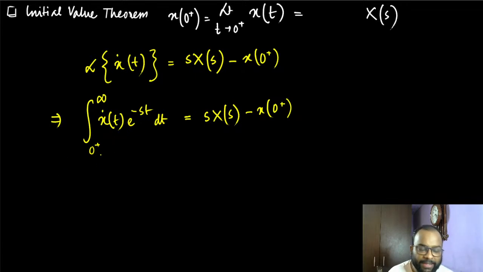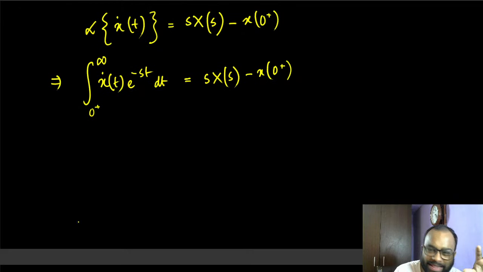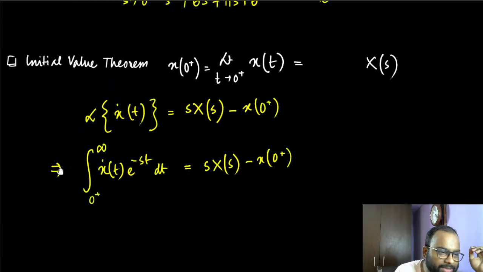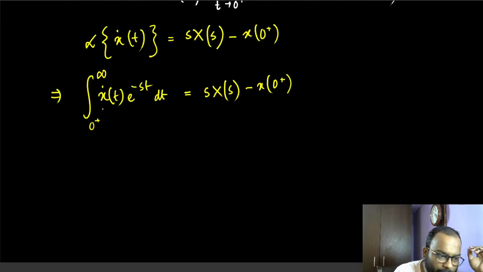So technically speaking, this should be the correct limit formulation. Any confusion there? Please let me know. This is just a small mathematical detail. You can actually ignore it and just happily write x(0). No one will argue because you are an engineer, right?